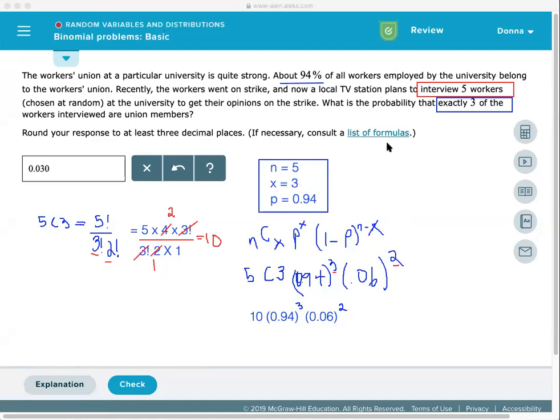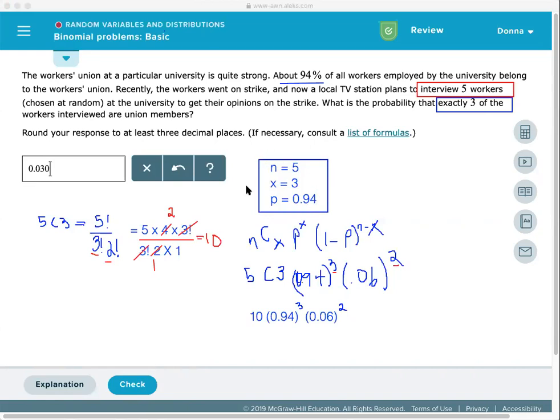The 3 is what they're usually asking you to find the probability of, that you have exactly 3 or exactly 5. And then the P is the probability of success if you were just pulling one person out of 100. What's the chance that you would get a union worker? And in this particular case, it would be a 94% chance that they would be a union worker.